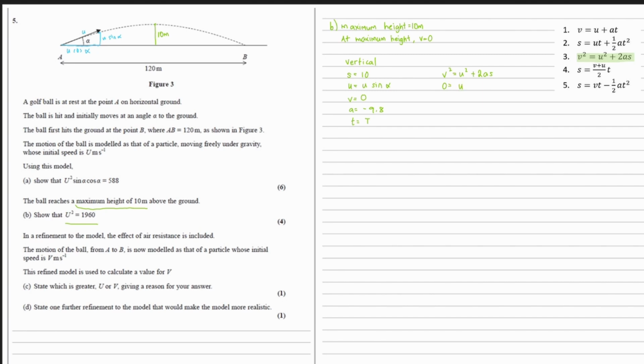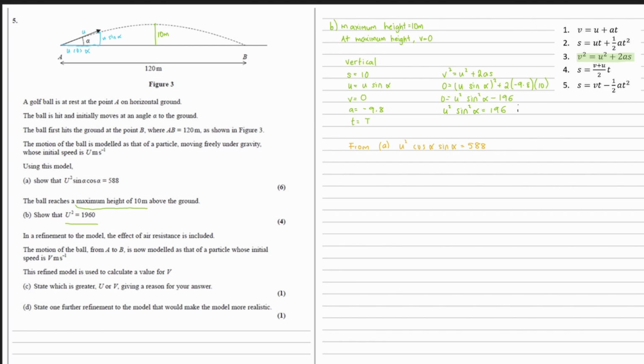Subbing in our values, we can work that out as 0 is equal to u squared sine squared alpha minus 196. Making u squared sine squared alpha the subject, that is equal to 196. In part A, we have shown that u squared sine alpha cosine alpha is equal to 588.